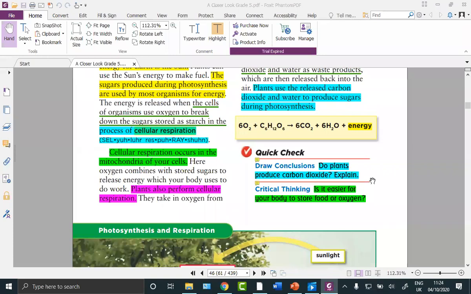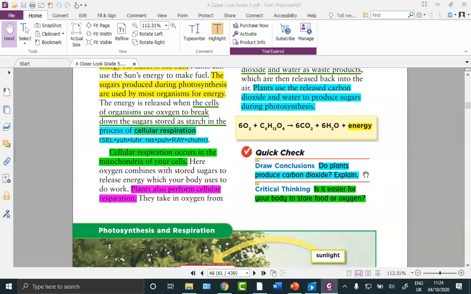Quick check. Question number 1. Basim Hamada. Yes, Mister. Read. Do plants read? Quick check. Do plants produce carbon dioxide?